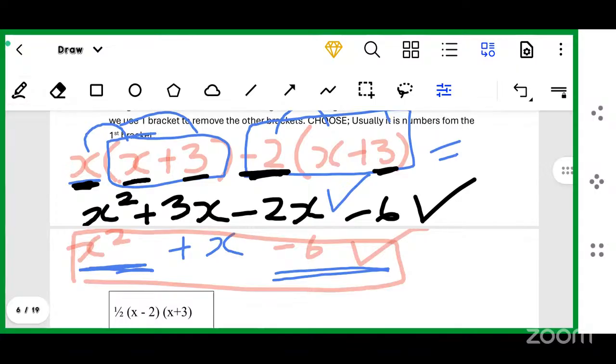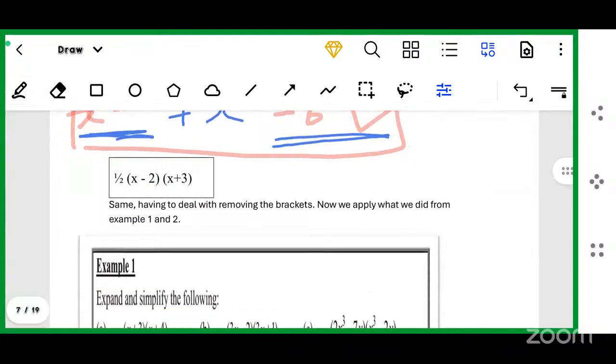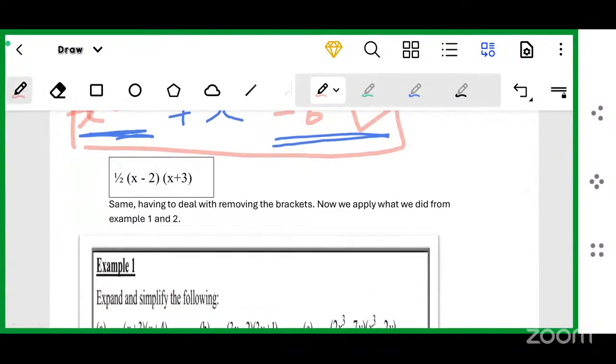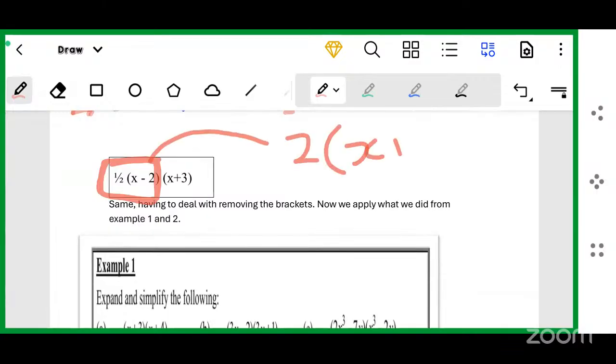Okay, I'm done with explaining that one. So we have this one, which is a little bit confusing, but it's not. Do you recall this? Similar to 2 into x plus 3.